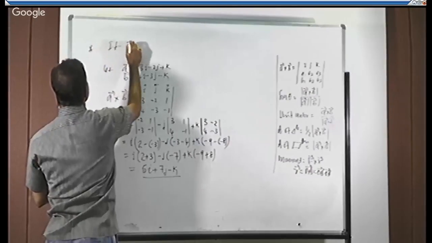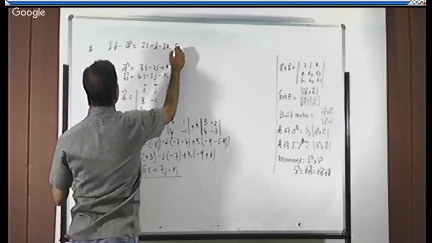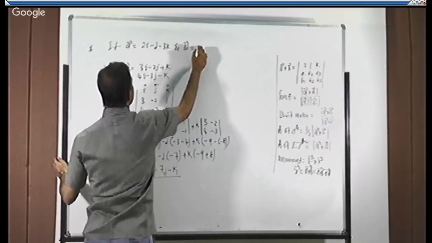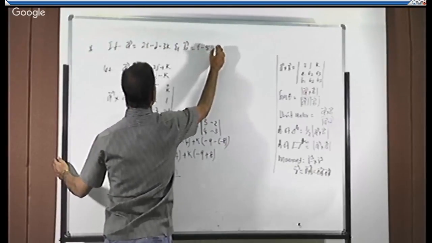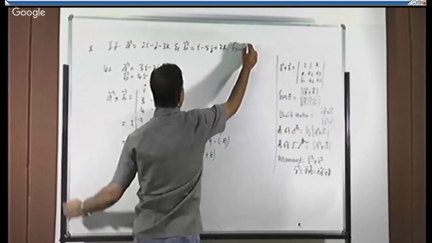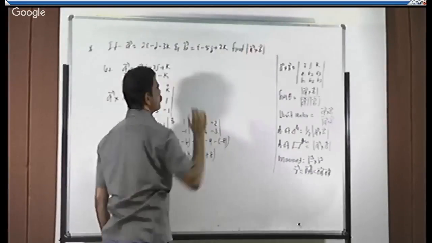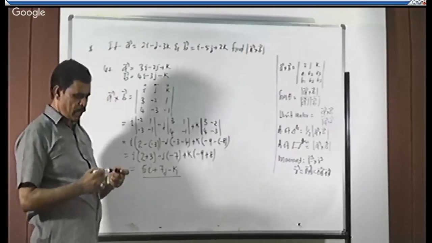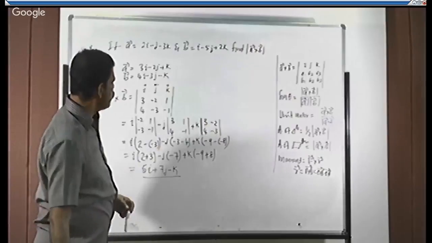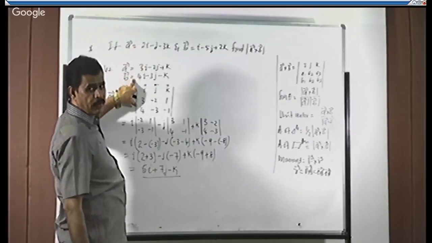If A is equal to 2i minus j minus 3k and B is equal to i minus 5j plus 2k, find the magnitude of A cross B. This problem is similar to the previous one.